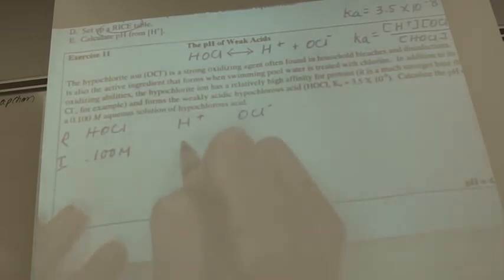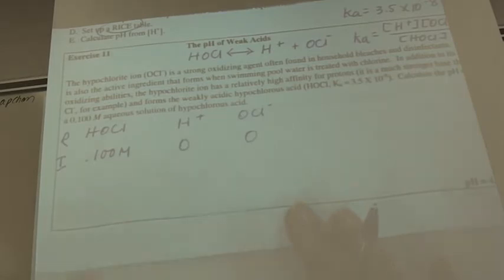HOCl, hydrogen ion, and the hypochlorite ion. That is our reaction. Our initial concentration of the acid is 0.100 molar. We have no hydrogen ions and no hypochlorite ions.